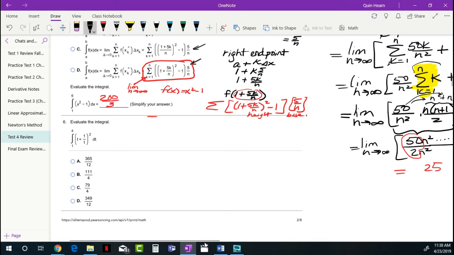So the limit is actually going to be 25 plus 125 over 3. 25 is 75 over 3, so this is going to be 200 over 3. So that would be the actual area, 200 over 3. Okay. Again, if you have any questions, type it into the chat bar.